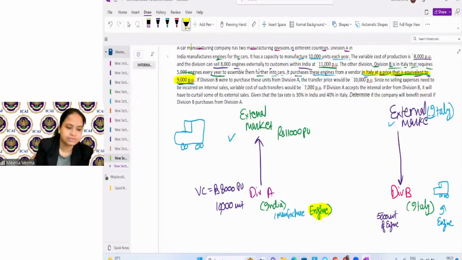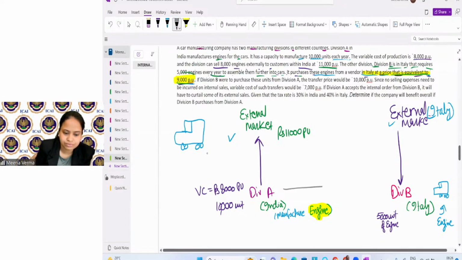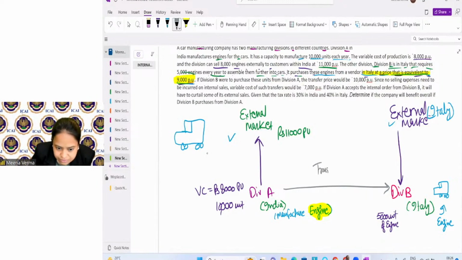What else do we have here? In division B, where the purchase of these units is from division A, the transfer price would be rupees 10,000 per unit. So if division B is buying from division A, what will be the transfer price?